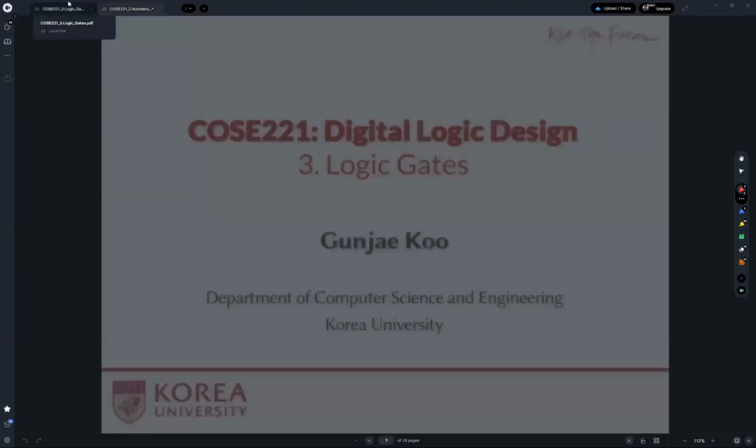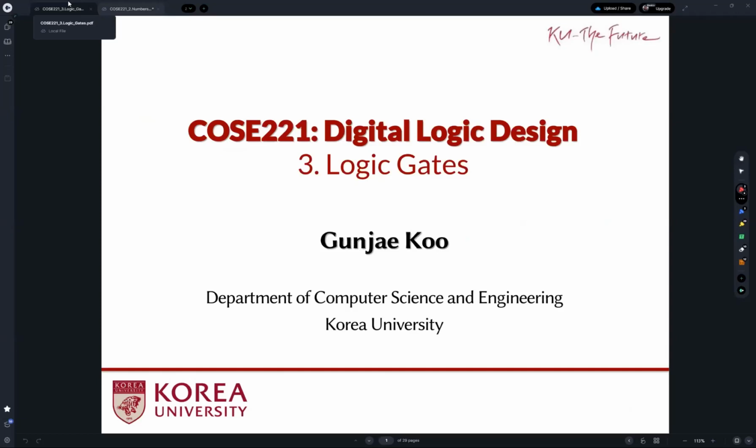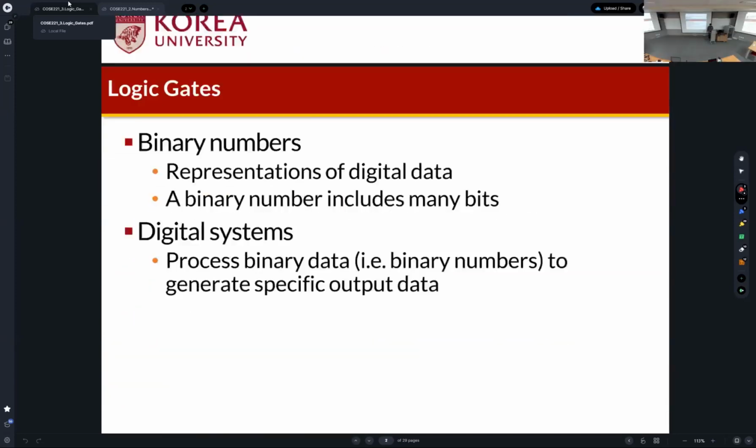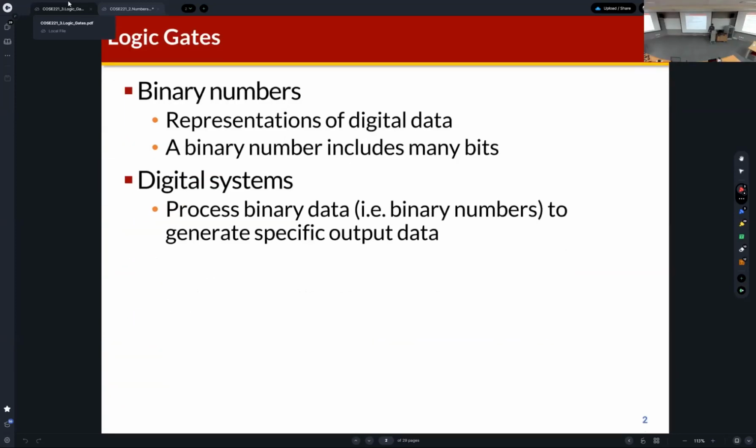Then in today's class, we learned about the logic gate finally. Until now, we learned that digital systems handle binary data. Then we can represent binary data using the binary number system.